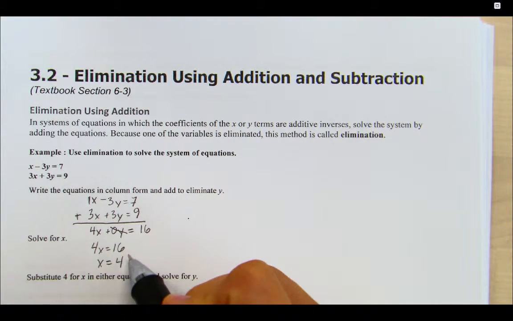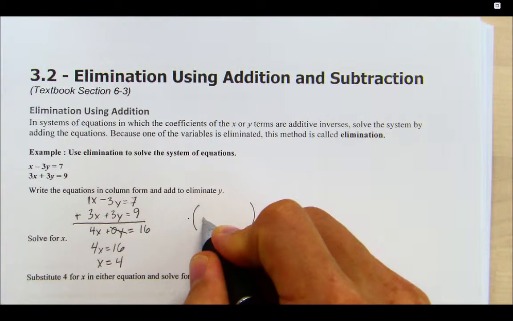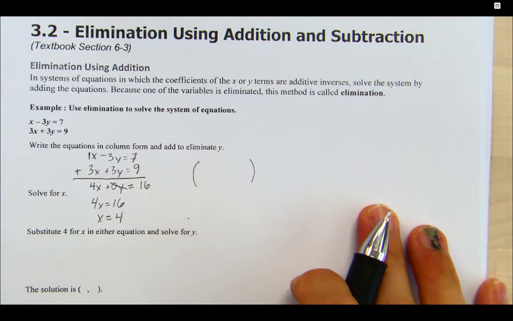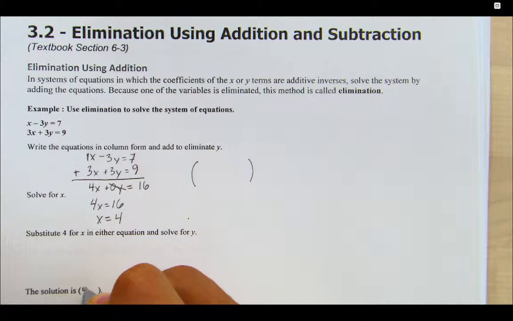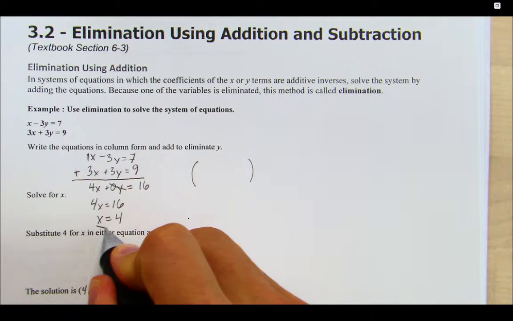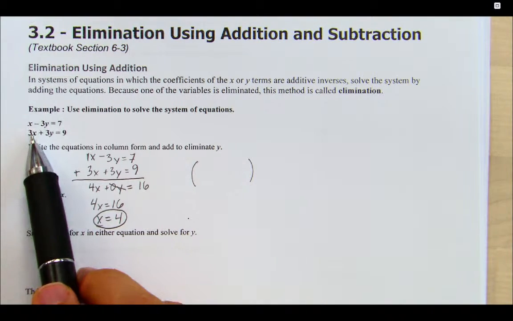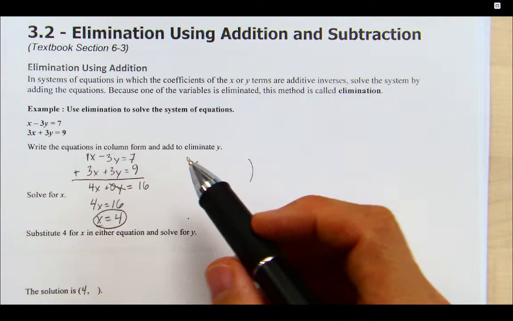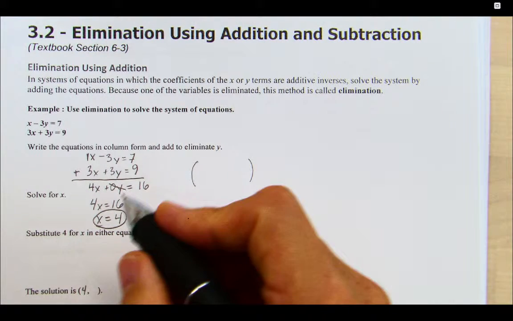Remember, what's going on here is that you're finding coordinates for a point. I've started this coordinate already. Oh, it's actually already drawn down here, to our solution. But I've already found the x part. Now I want to take this and resubstitute it back into either the first or the second one so that I can find the y variable. I just use the one that has the least amount of stuff in it. I like that this one just says x in it, so that's the one I'm going to use.